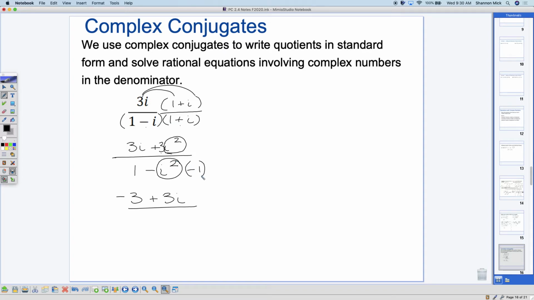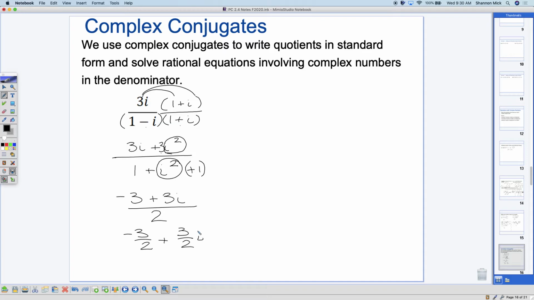So I have negative and negative 1, so I have 2. Now, I'm still not in standard form because the imaginary number is not completely separated. So I just separate this fraction. It's going to be 3 over 2 plus 3 over 2 i.